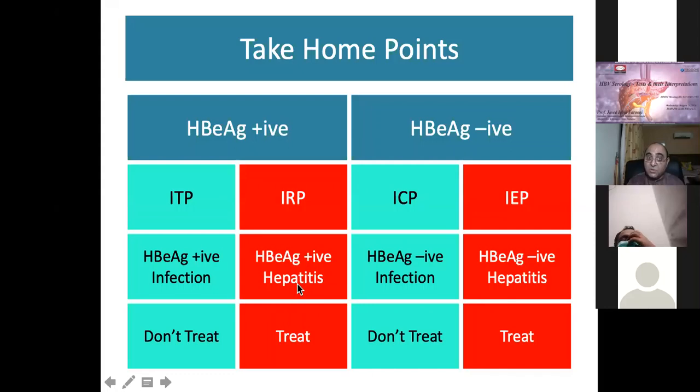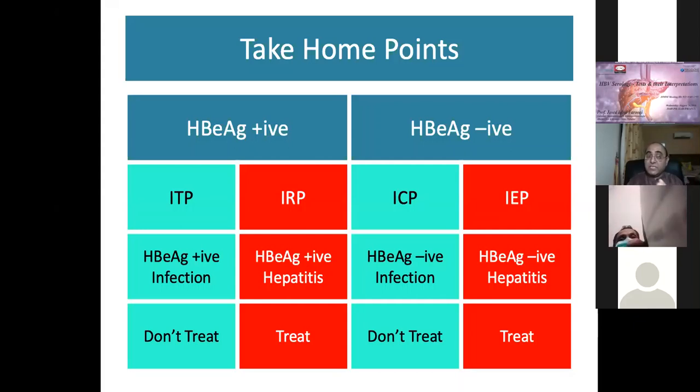And I told you, if you do not shorten the duration of this inflammatory phase, it may stay there for years, even for decades. And the longer the duration of the inflammation, the higher the chances of fibrous tissue deposition. The more the fibrosis, the higher the chances of cirrhosis and then its sequelae and hepatoma.